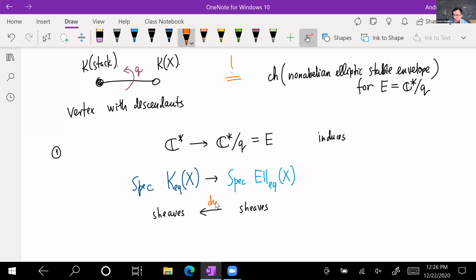This is why it's denoted by Chern character: it is really an abbreviation of the usual Chern character. The usual Chern character is when you have a map C going to C star, which depends on how you denote it.